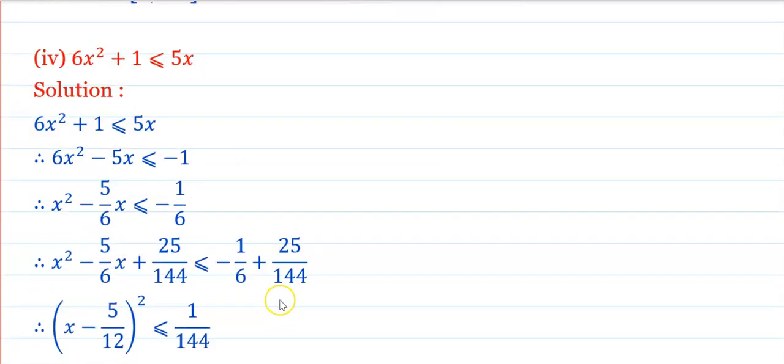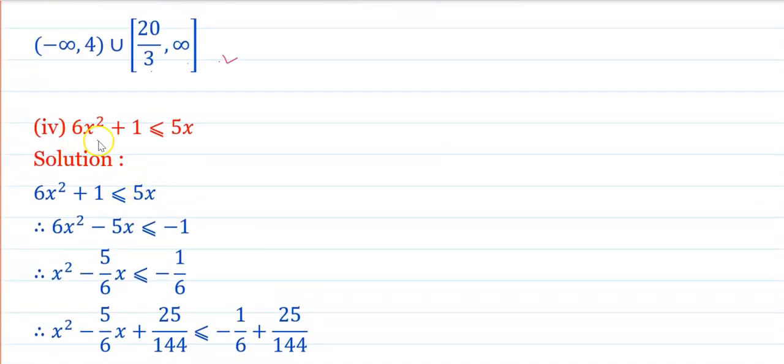Okay. Now the next question. 6x square plus 1 is less than or equal to 5x. Okay. Now the next. In this case, first of all, subtract 5x on both sides. Suppose that, here I will write 6x square plus 1. 5x, what will we do? We will subtract on both sides. Okay. The 5x minus 5x. Okay.